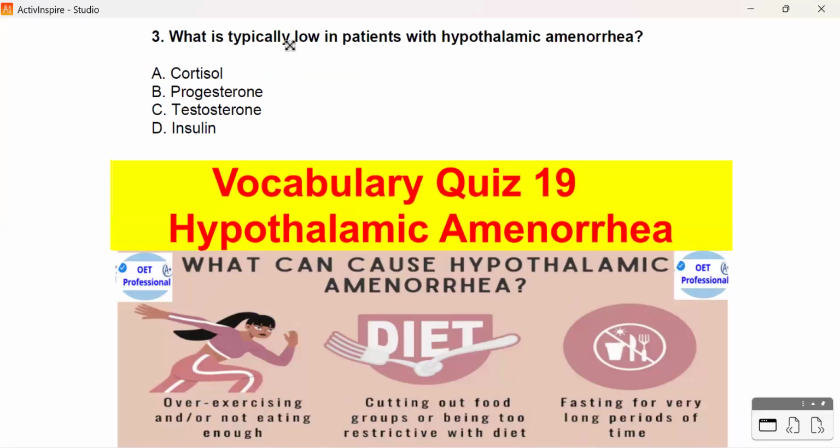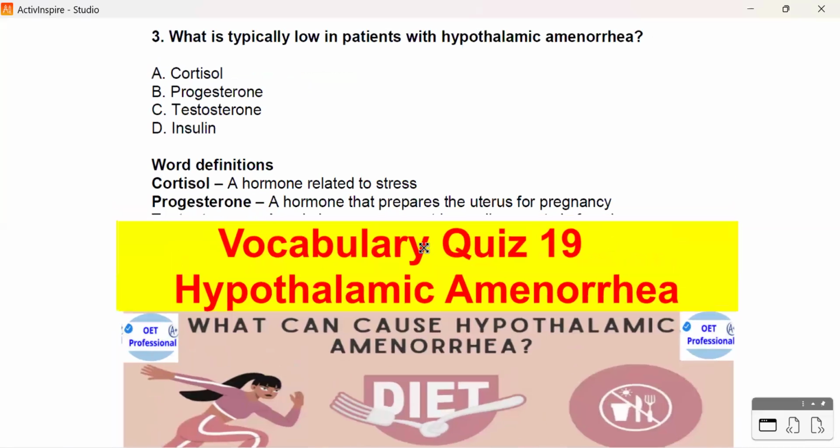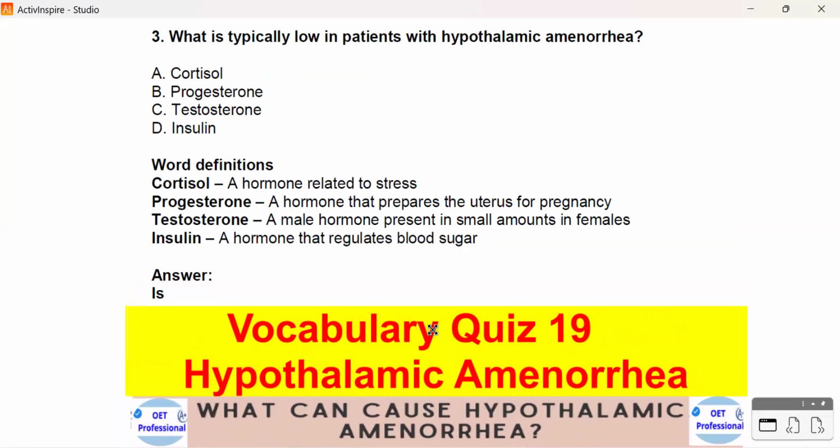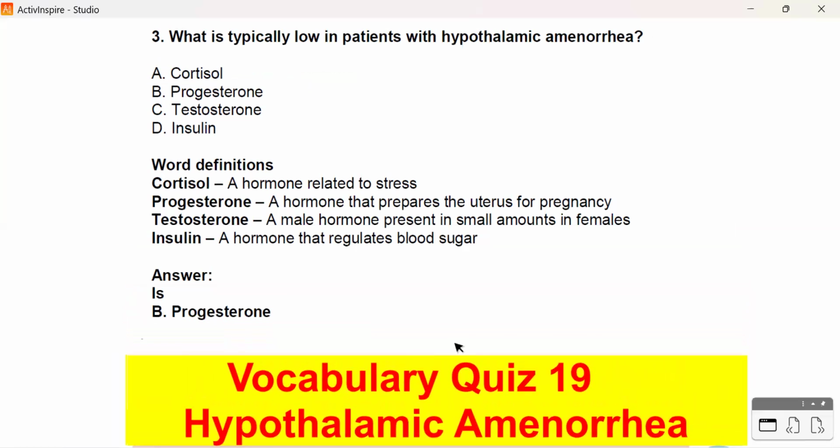What is typically low in patients with hypothalamic amenorrhea? Cortisol, progesterone, testosterone, or insulin? The correct answer is progesterone, a hormone that prepares the uterus for pregnancy.